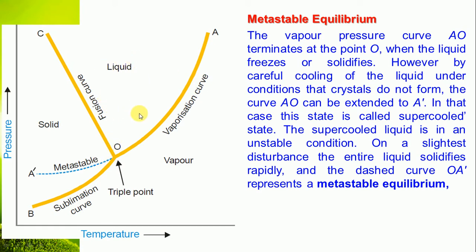That means the water will not be converted into solid ice. Instead, it will remain liquid, but the temperature will be like that of solid ice. That means the temperature of the liquid water will be below 0 degrees Celsius, but it is not solid ice. It is still liquid water.